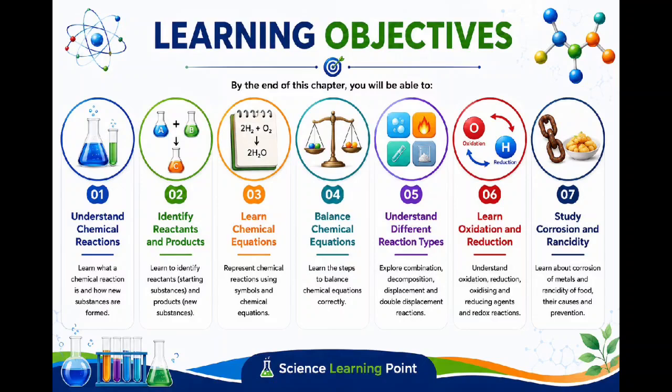Then we will learn how scientists write the reaction using chemical equations instead of long sentences. After that, we will study how to balance a chemical equation. Balancing is important because atoms are never created or destroyed during the reaction. We will also learn different types of chemical reactions like combination reaction, decomposition reaction, displacement and double displacement reaction.